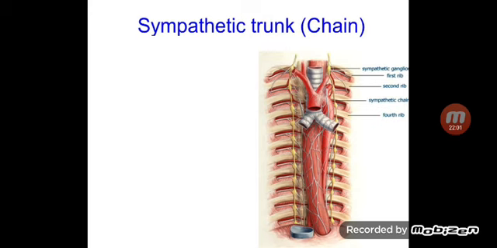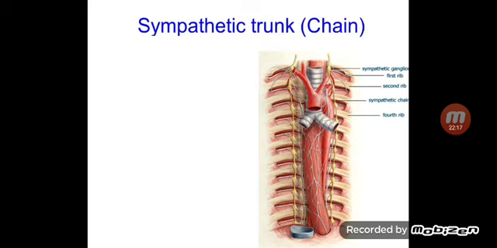First is the greater splanchnic nerve. It arises from the 5th to the 9th ganglia. We also have the lesser splanchnic nerve, which arises from the 10th and 11th ganglia.